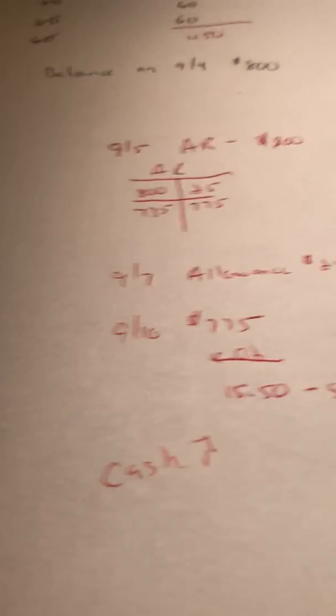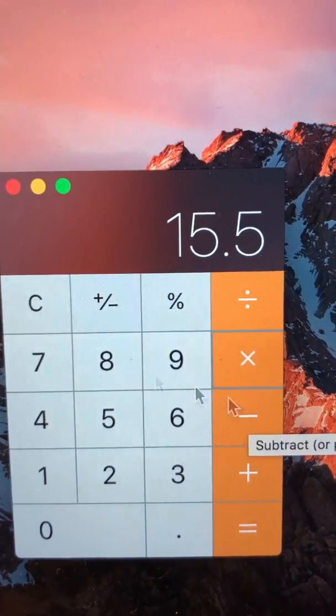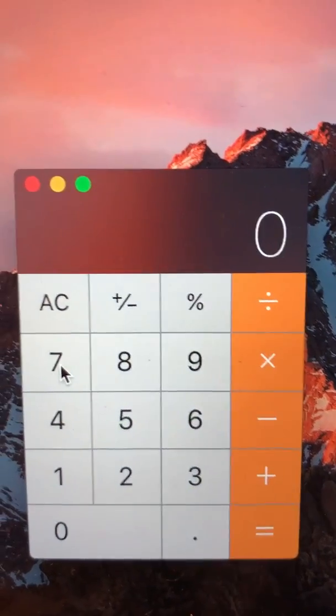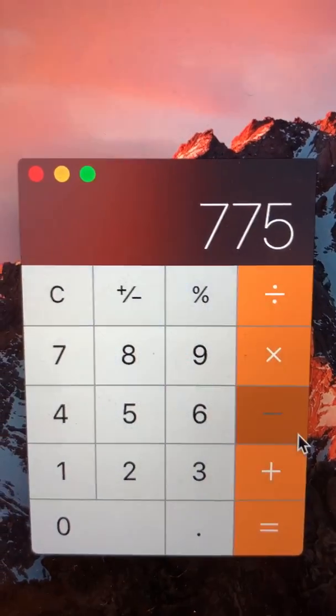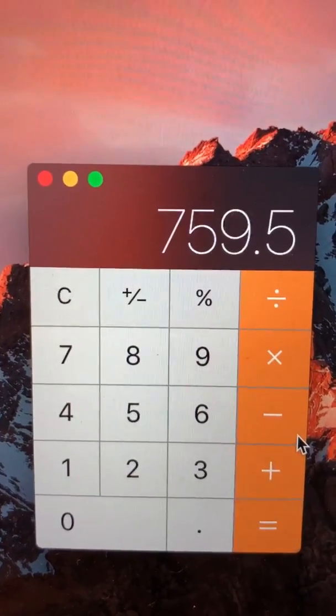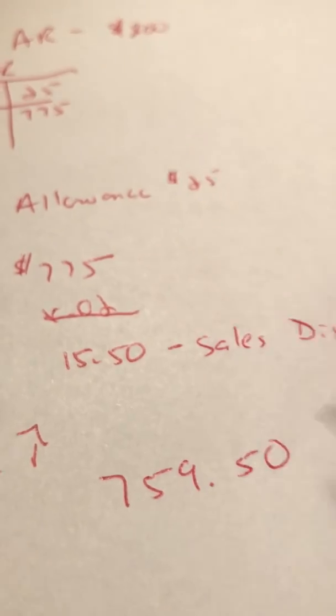All right? So let's do up here, $15.50. Let's clear that. Remember that. If I have $775, and I'm going to subtract out 15.5, that's the discount, they're going to pay us in cash $759.50.